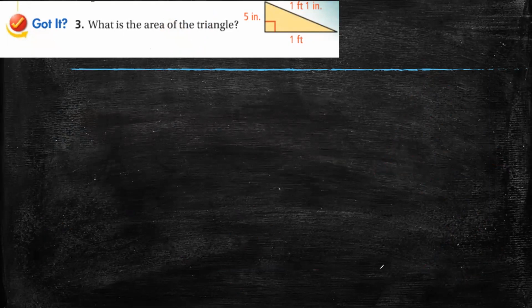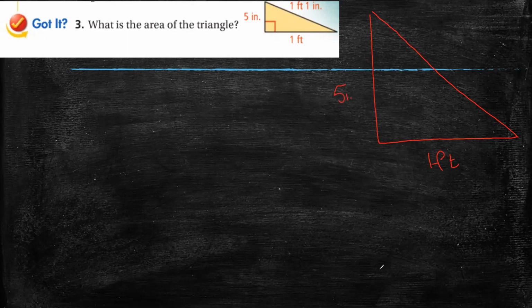In this triangle, the length of this side is 1 foot, and this one is 5 inches, and this one is 1 foot 1 inch. I want now to find the area of the triangle.